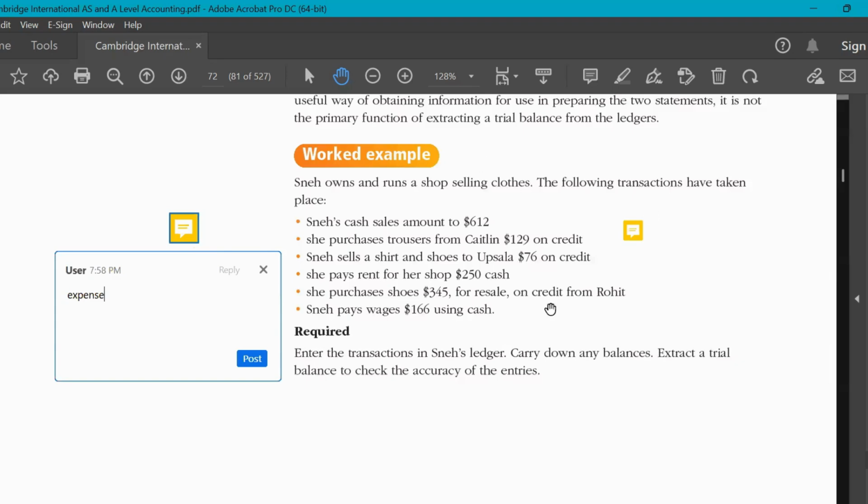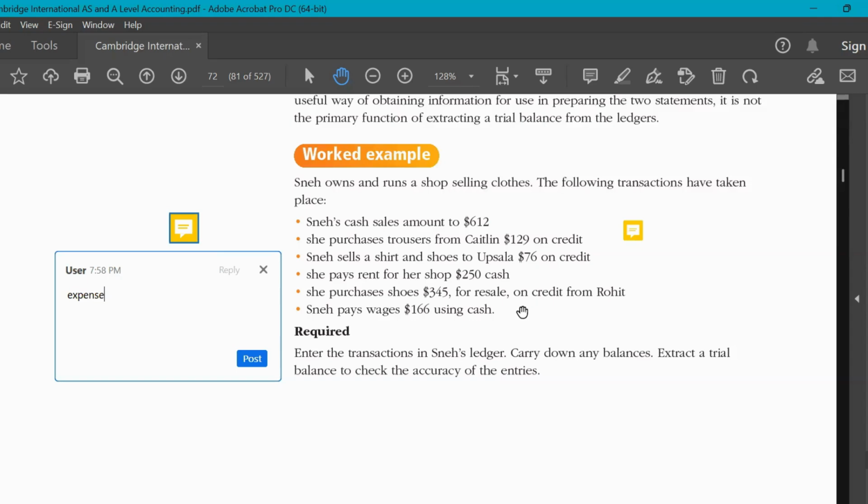But then, just analyze, did she pay Rohit? No, because again, you have the words on credit, right? So it means that this becomes a liability. She bought the shoes for resale so that she can sell them again, but she hasn't paid Rohit.